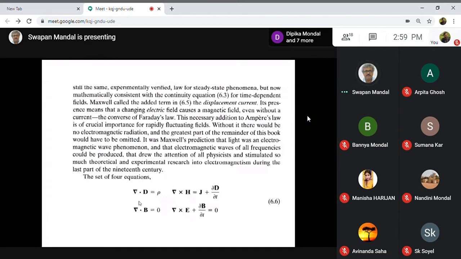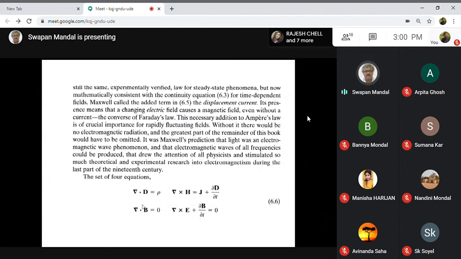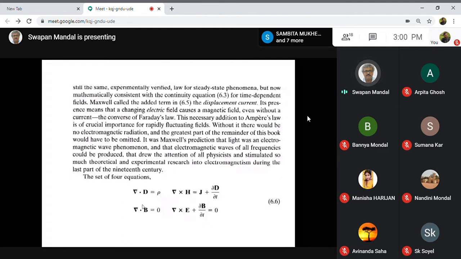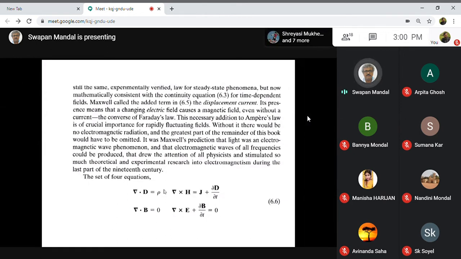We have four first order multi-variable Maxwell's differential equations. Unless you separate them in terms of a single variable, you cannot solve them. This is the basic knowledge from our differential equation theory. So you have to decouple them first.